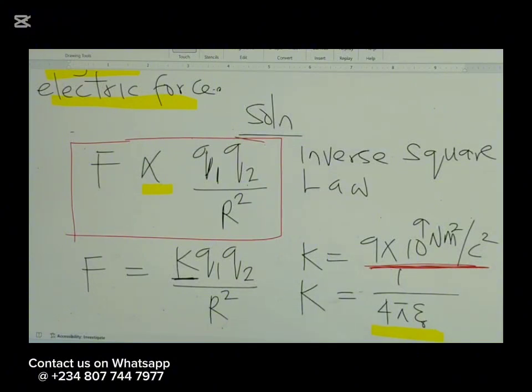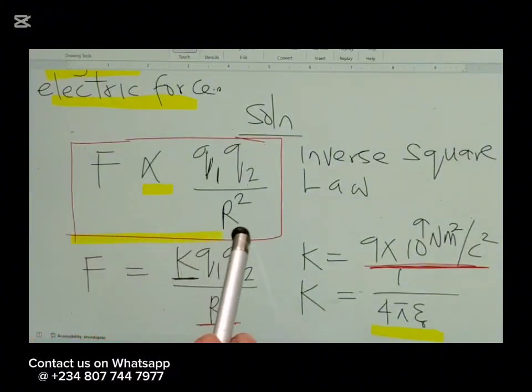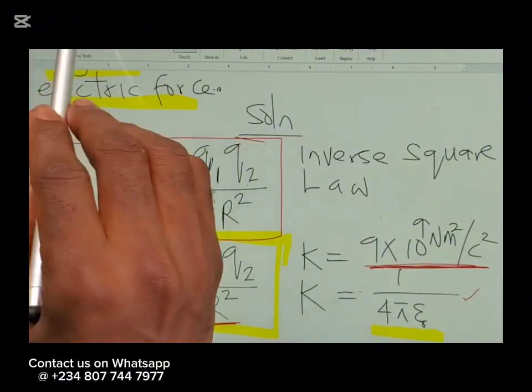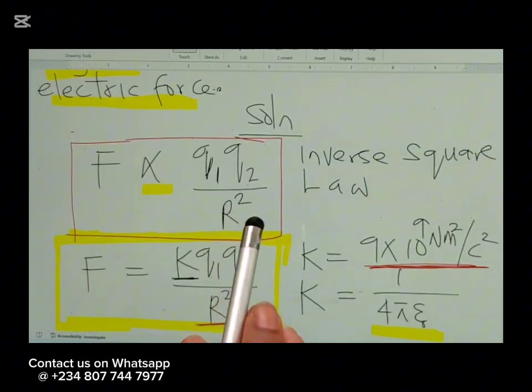But if you are trying to modify this particular law, we can modify it by replacing the expression of K. Since our intention is to solve this, we take the value of K as 9 times 10 raised to the power of 9. Please take note.